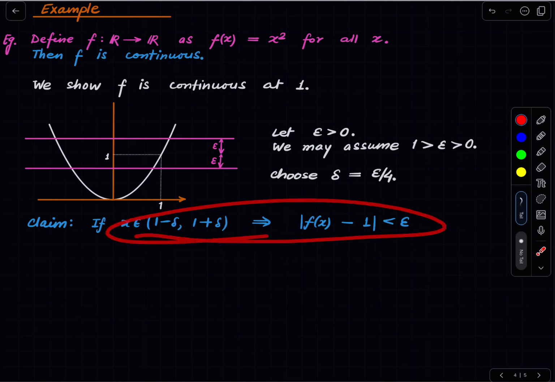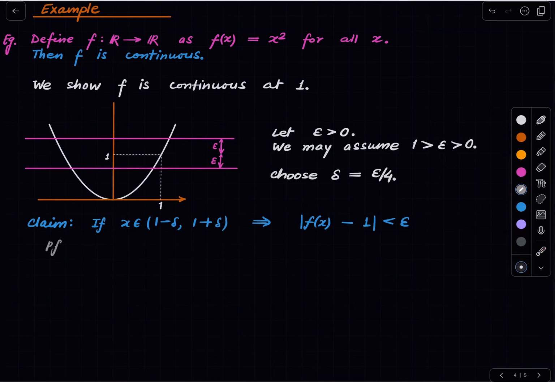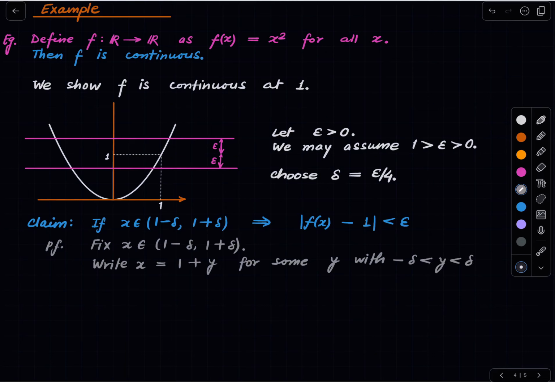So why is this? Very simple. Fix some x, and we want to show this holds. So write x as 1 plus y. So if we have a point x in this region, we can write it as 1 plus y for some y within that. So that's very clear. And now, what is f of x?